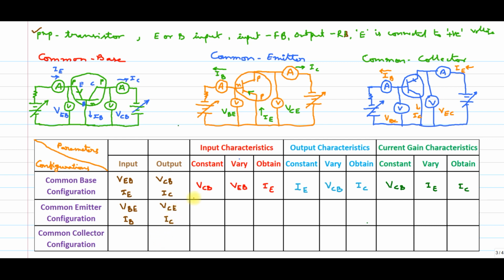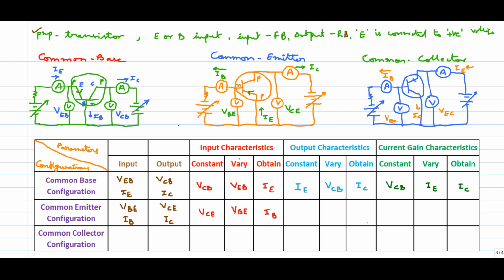For input characteristics, we keep output voltage VCE constant, vary input voltage VBE, and obtain input current IB. These are the input characteristics of common emitter configuration.